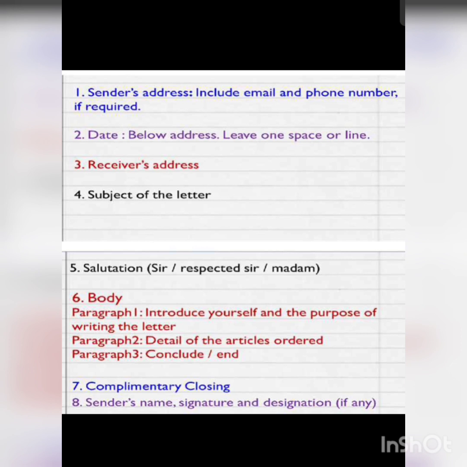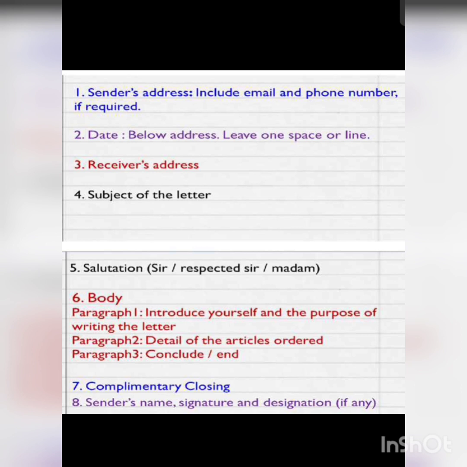If you have given any order, in the second paragraph you can write what order you have given. The third paragraph is the ending part of the letter. Here you have to write thanking you, regards. This you can write here.